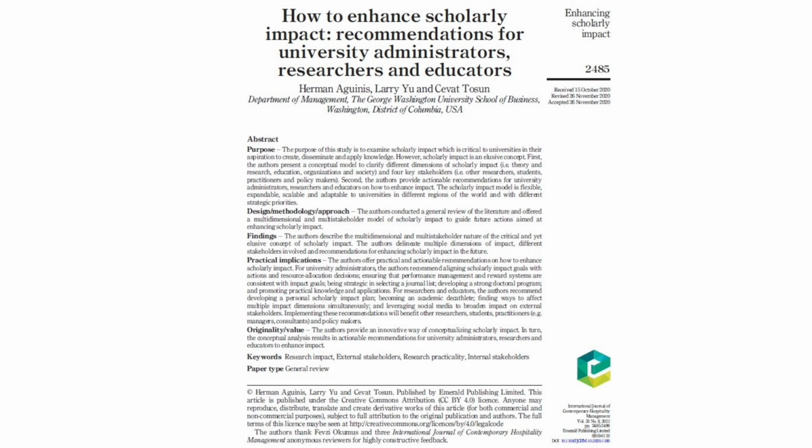Okay, let's dive into that. What can administrators actually do to encourage this kind of multidimensional impact? Well, first and foremost, it's about walking the walk, not just talking the talk. Universities need to align their goals, actions, and resources to support the kind of impact they claim to value.